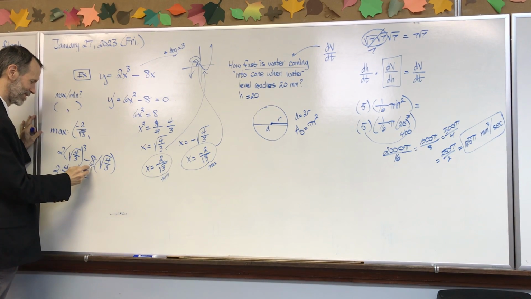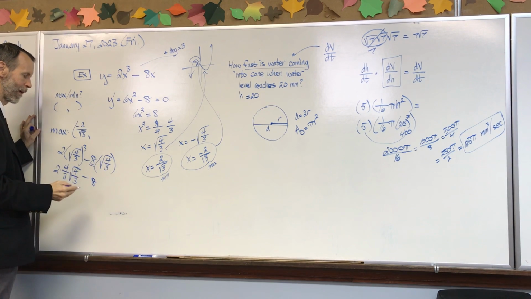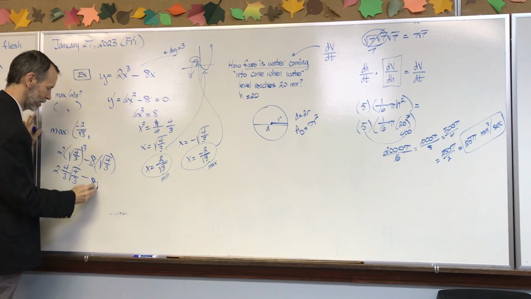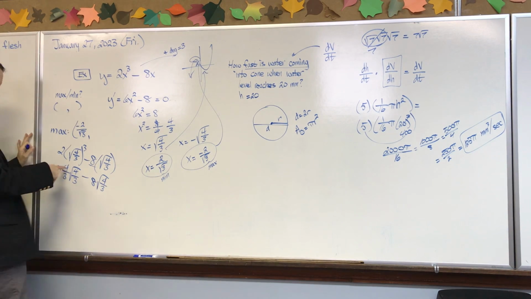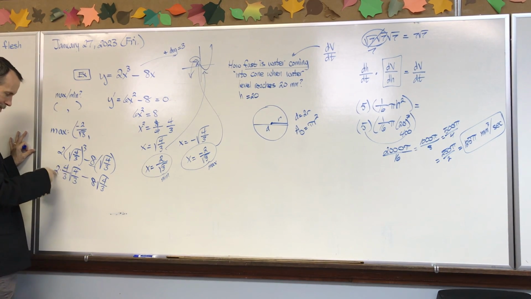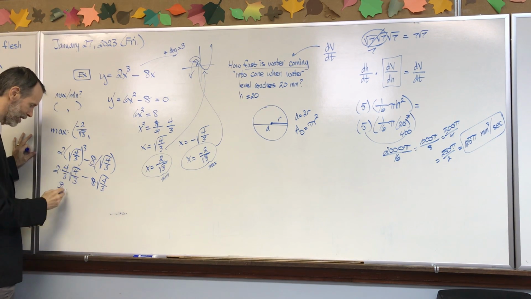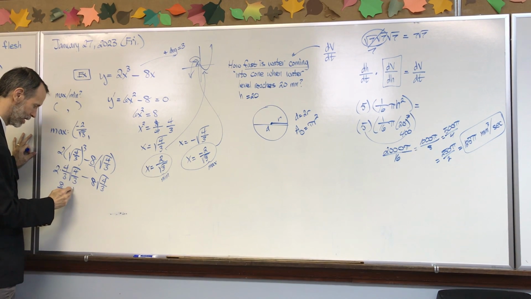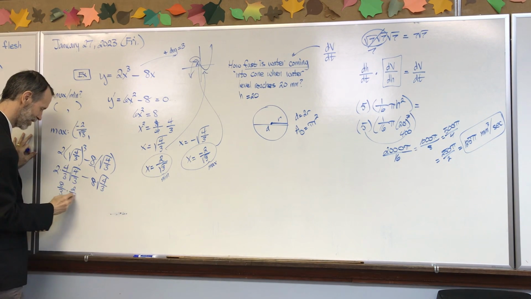So would it just be 8/1 times radical 4/3? Right. Now, simplify it. This thing turns into what? 8/3. And simplify this again, for a radical, 2 over radical 3.